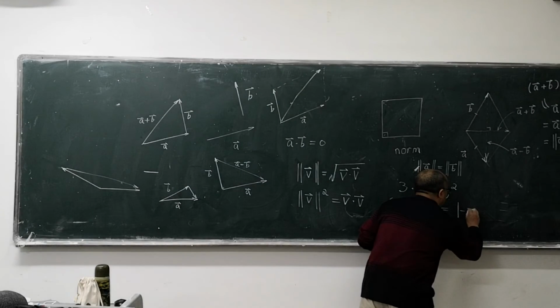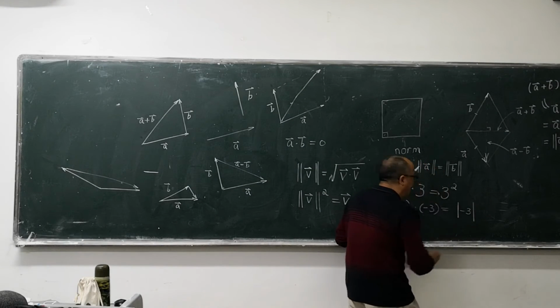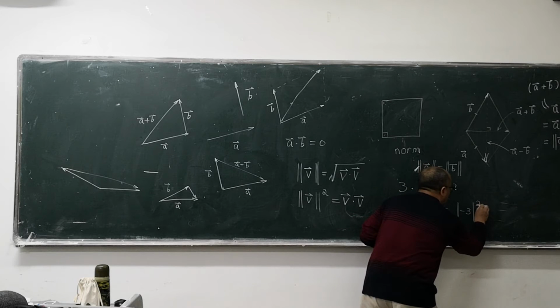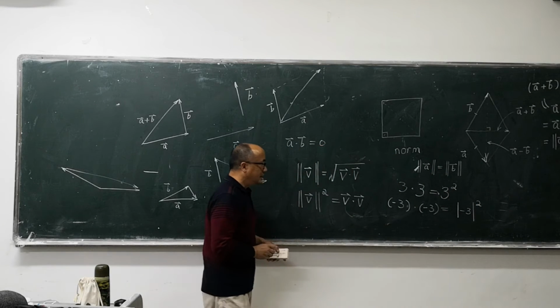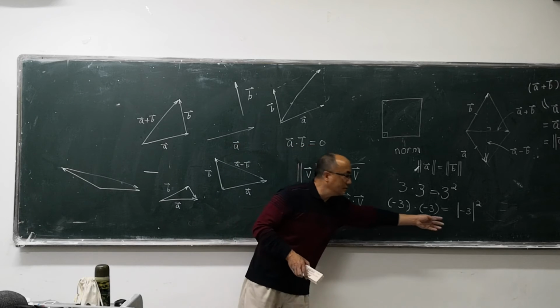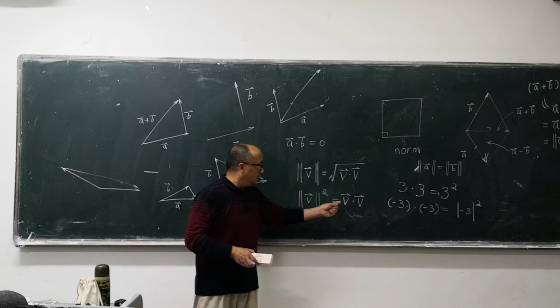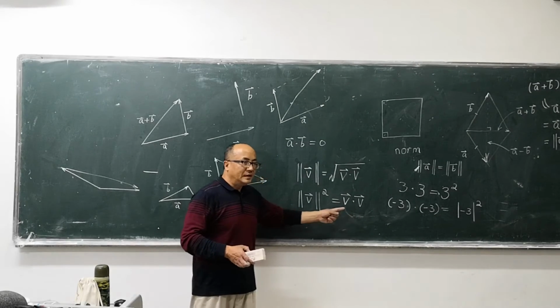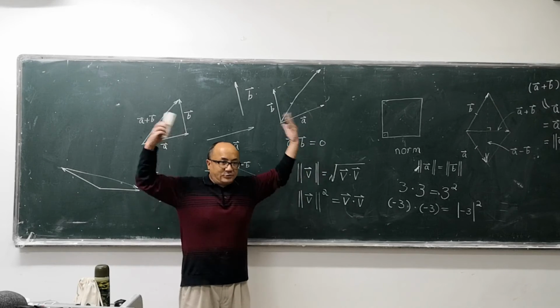Is absolute value squared. Its dot itself is the length squared.